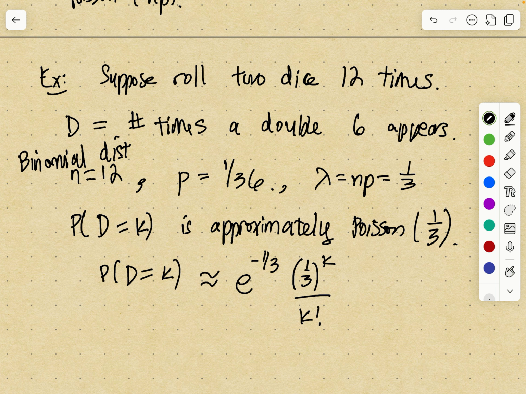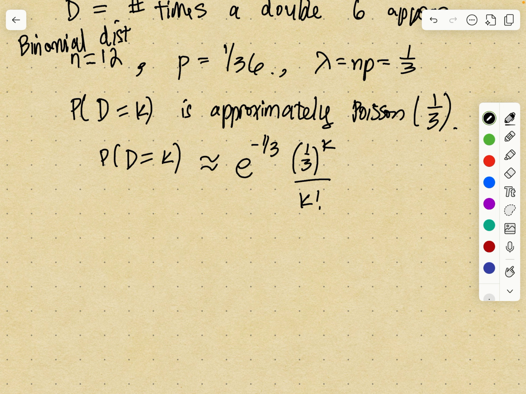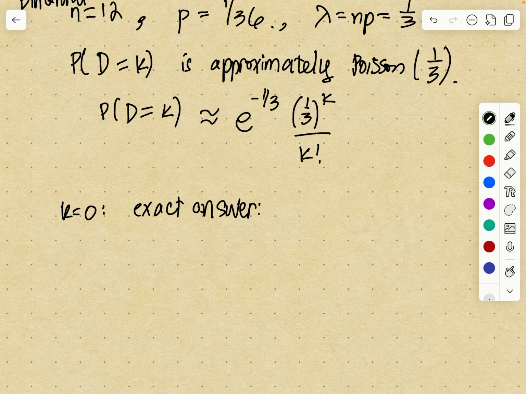So let's compare the actual exact answers for k equals 0, 1, and 2. For k equals 0, the exact answer is a binomial, right? So it's n choose k, that's 12 choose 0, that's 1.